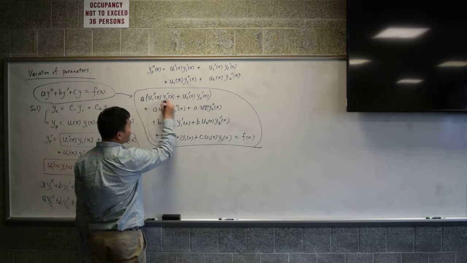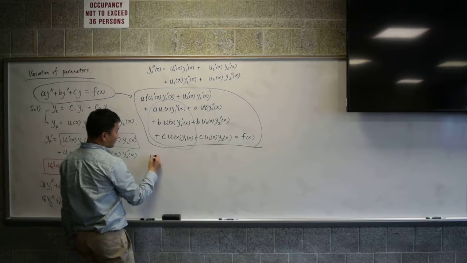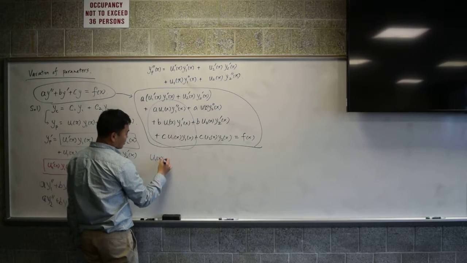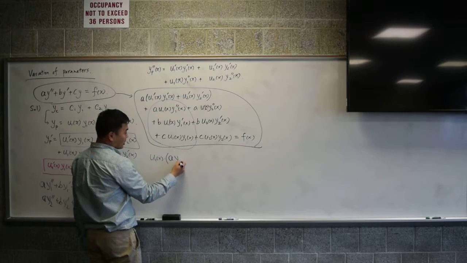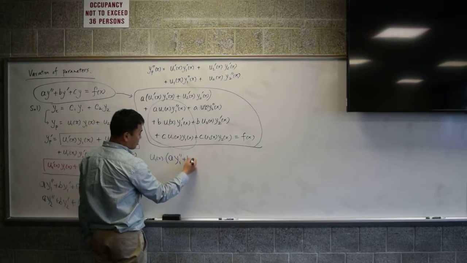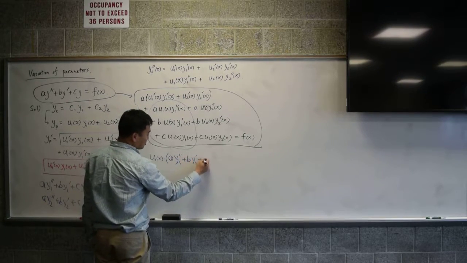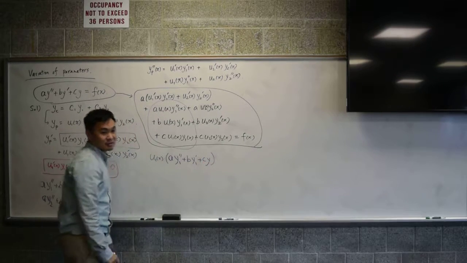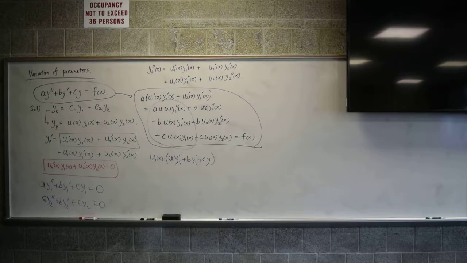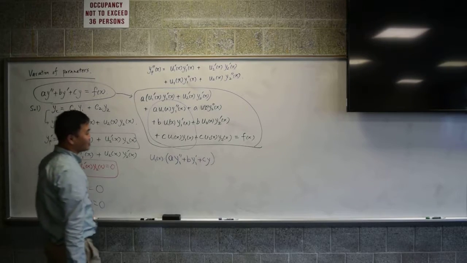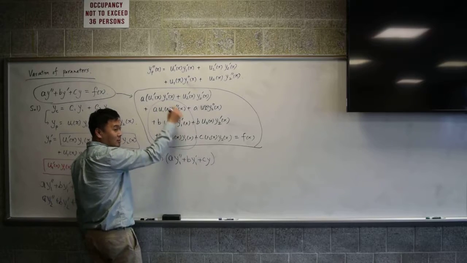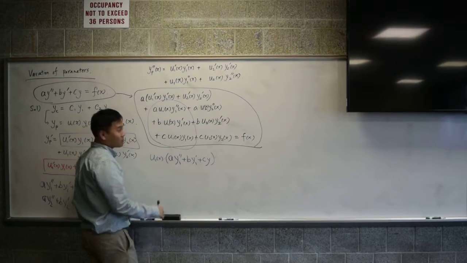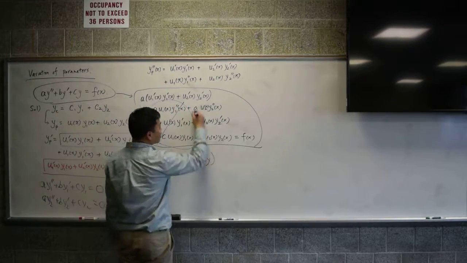Now, do you see this here? If you take this much and factor out the u1, what do you get? a y1 double prime plus b y1 prime plus c y1. So what do you get? 0. So this much is 0. How about this much?